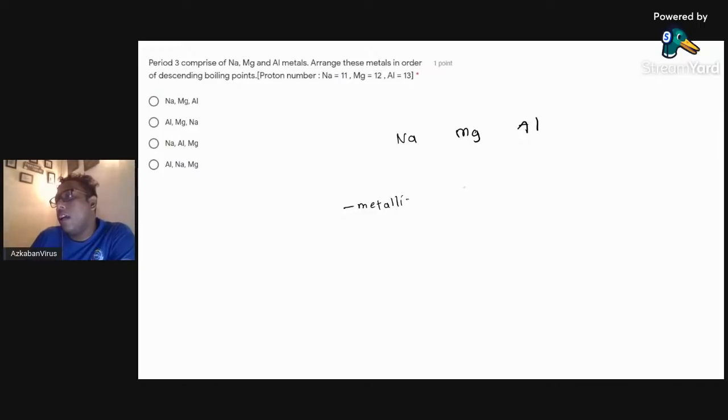Metallic bonding ni bergantung dengan number of valence electron. Lebih tinggi metallic bonding is direct proportional number of valence electron. Antara tiga-tiga ni, yang mana paling tinggi boiling point dia? Antara magnesium, aluminium and sodium.